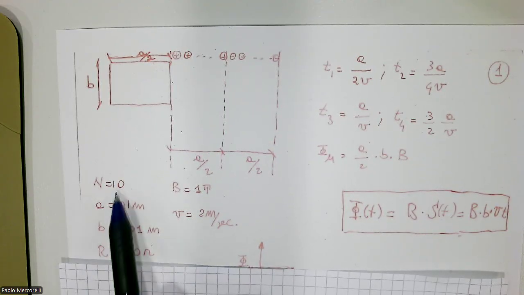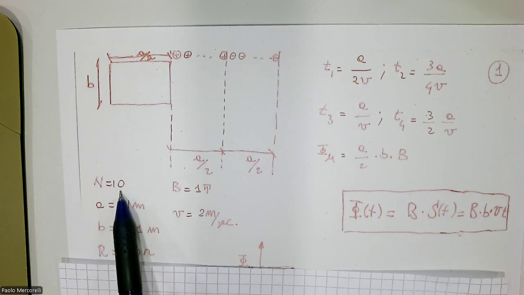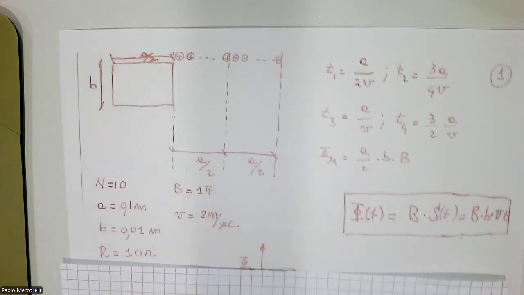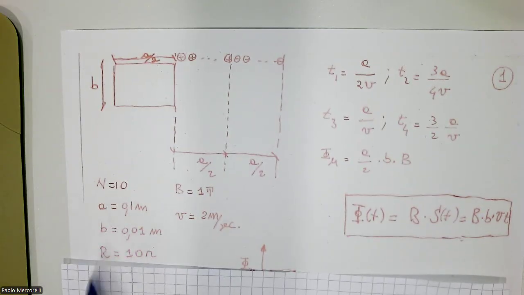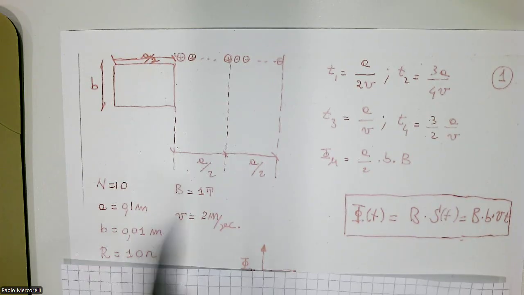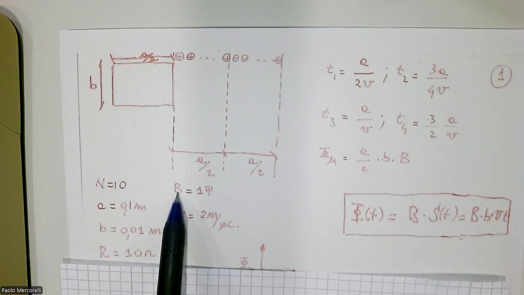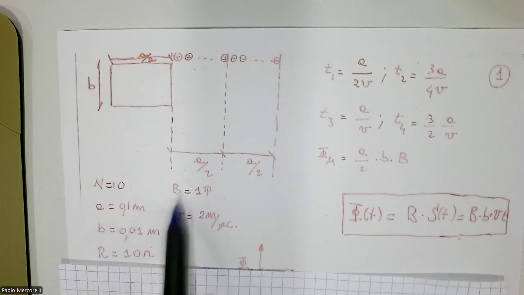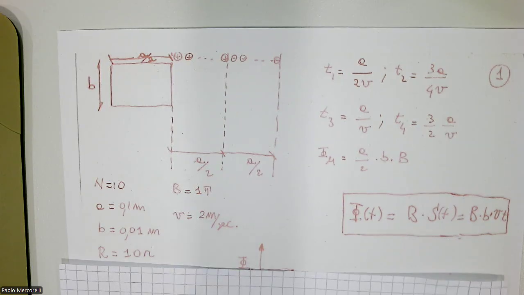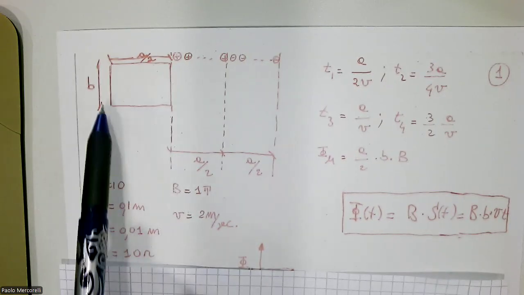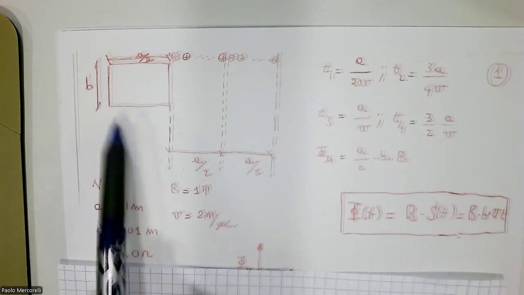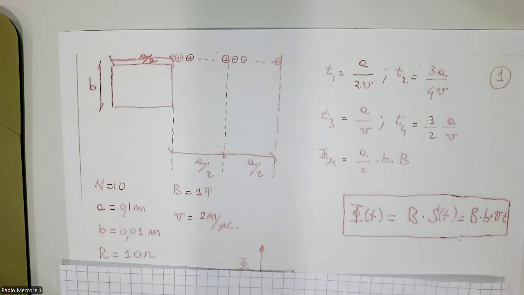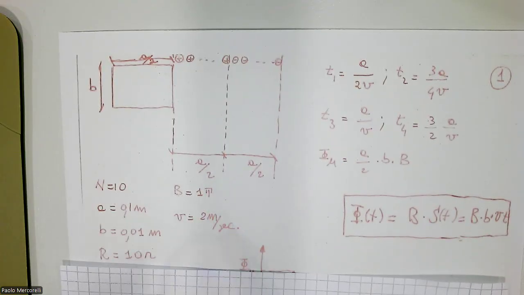In any case, we know the number of windings of one coil, the dimensions of my coil A and B, the resistance which I associate to the coil, the flux density B capitalized, we can distinguish B capitalized and B not capitalized, and the velocity with which, please pay attention, the coil is going inside the fields, or the field, if you like, constant.